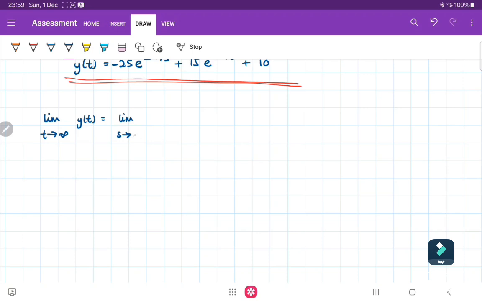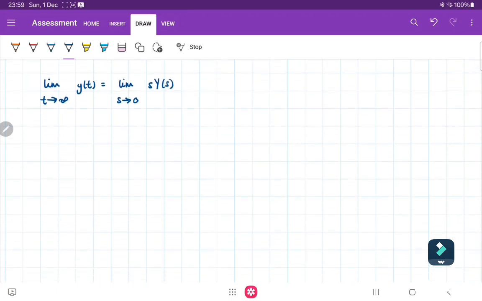So as t goes to infinity, it is actually equal to s goes to 0, s multiplied by y of s. Yeah, so in this case what I have is limit s goes to 0, s multiplied by 10m over 5s plus 1, 3s plus 1, s.